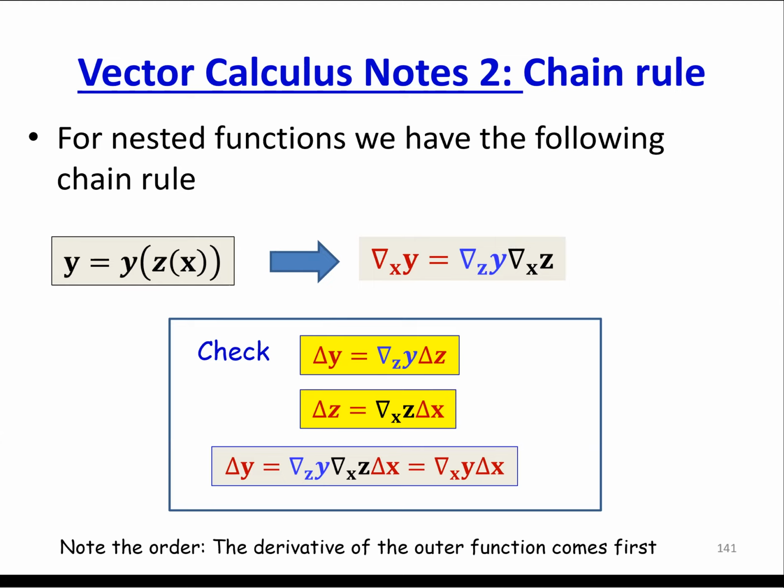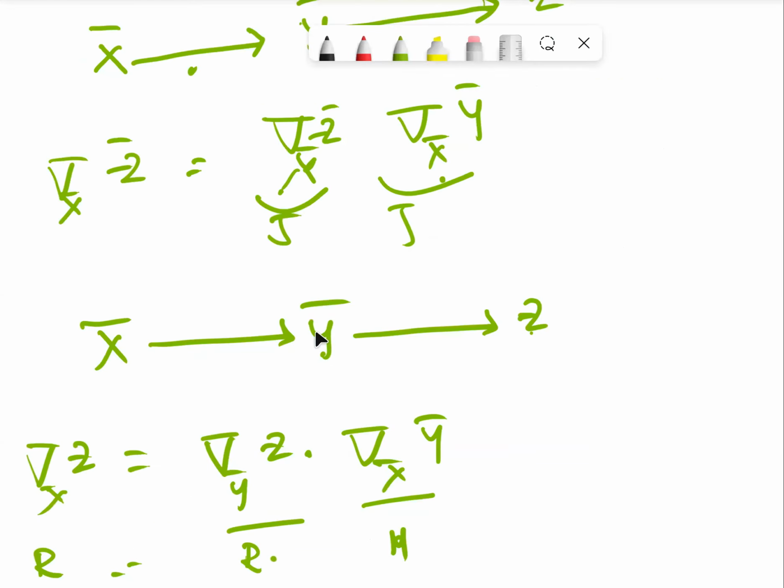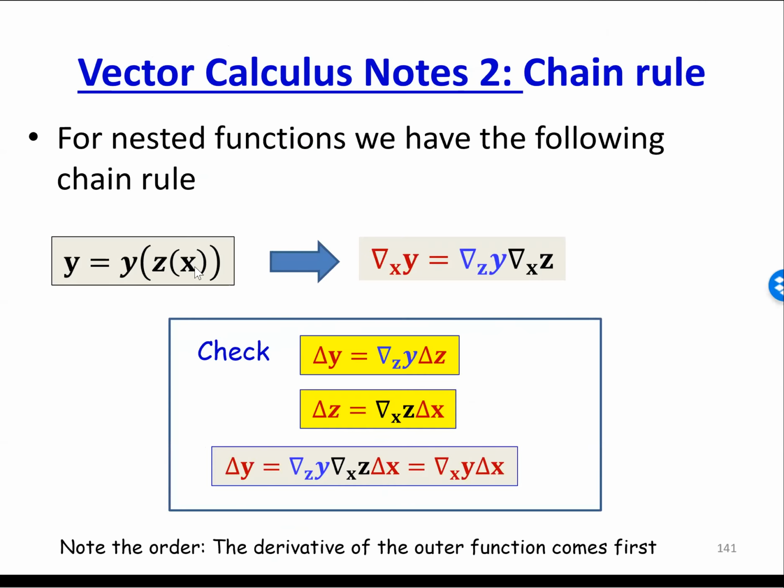So using this logic, if x influences y influences z, then in the derivative, this term comes first and this term comes second. And so you will see over here that this guy is the first link, it comes second. The outer one is the second link, it comes first. Is this making sense?